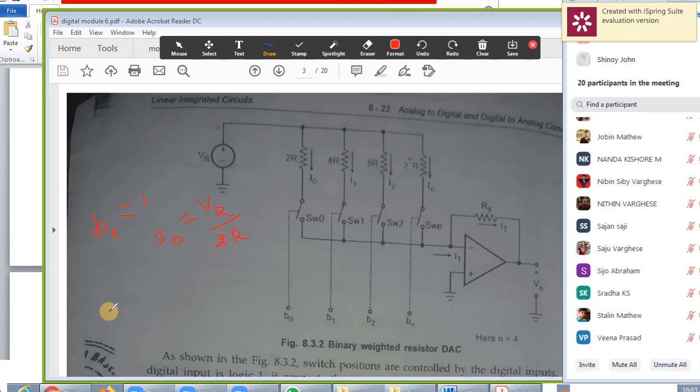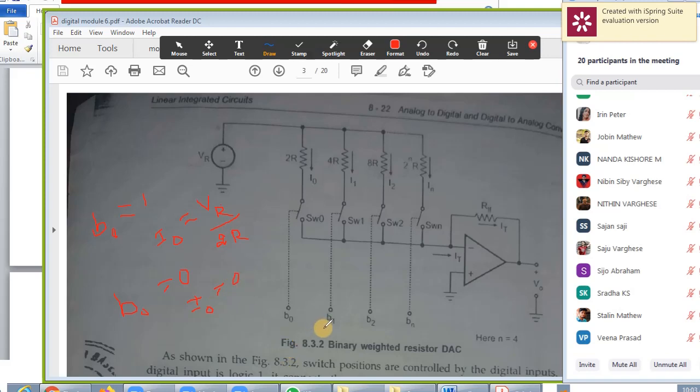Suppose B0 is 0. It is a digital value, so either we can give 1 or 0. If B0 is 0, what will happen? The switch is open. If it is open circuited, what is the value of I0? I0 is 0. Understand? I0 is 0.